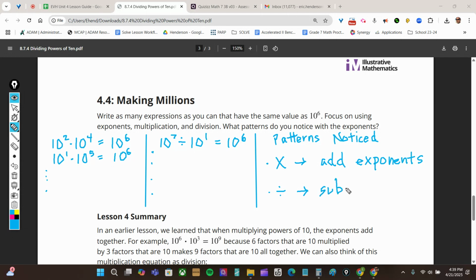Subtract exponents. All right, there you have it. So if you got any questions, ask me in class. And other than that, peace.